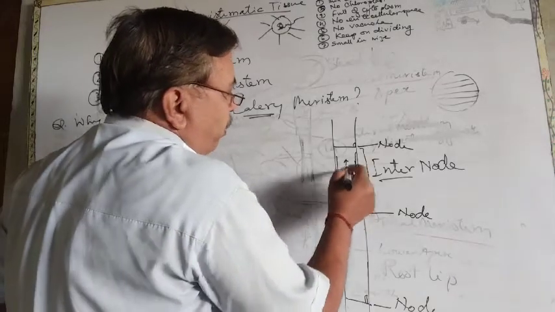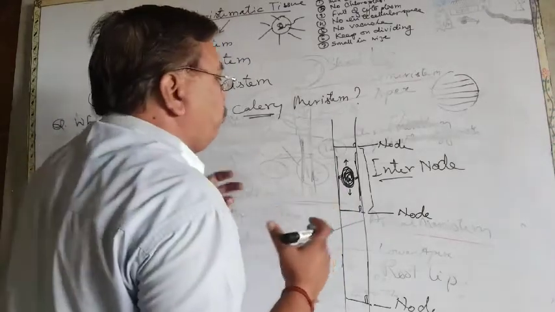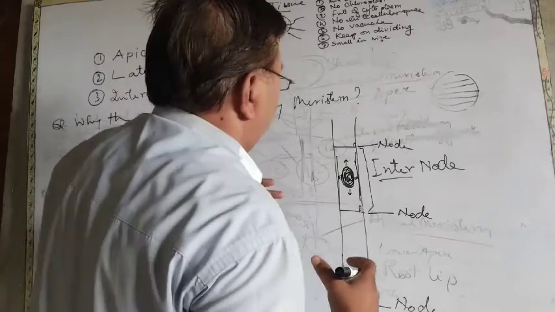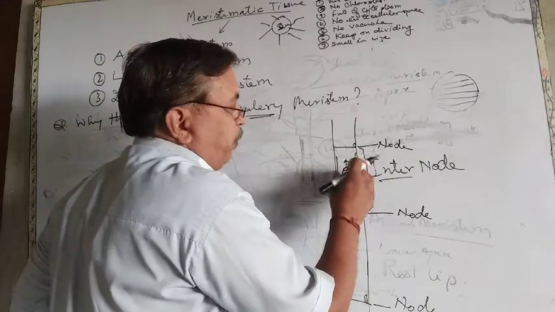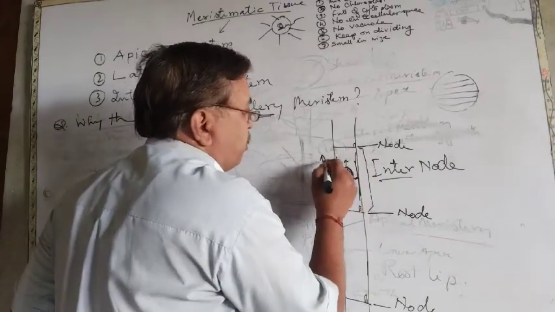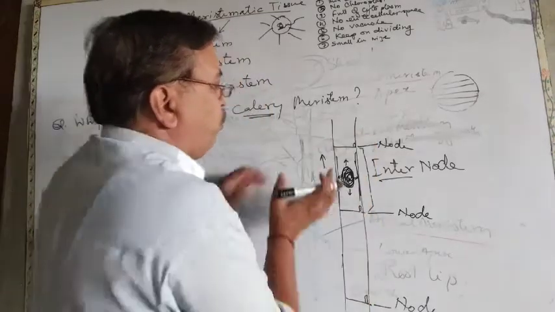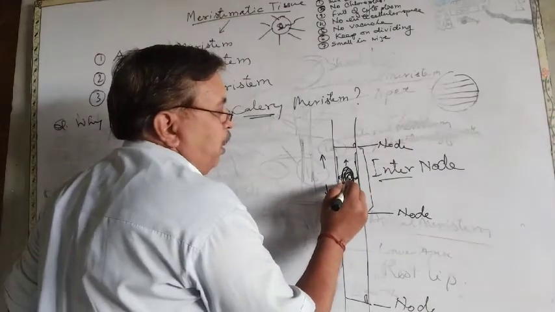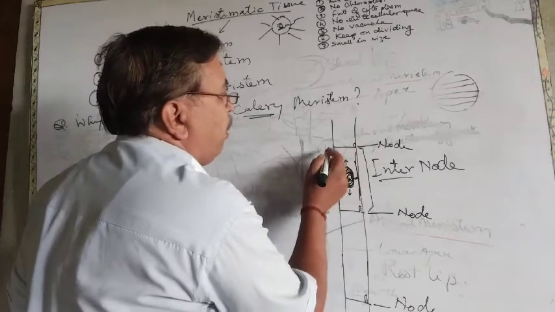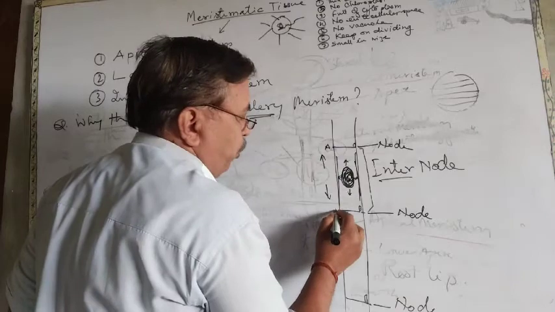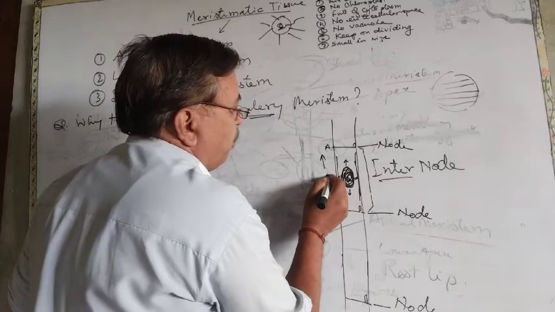Because of this upward and downward pressure, the newly formed cells, as a result of cell division, multiply and are to be accommodated. The size of this stem increases, so the gap between these two consecutive nodes increases. If you have observed this sugarcane plant, suppose this is point A, this is point B, the second node. Suppose this gap between A and B is say 4 centimeter.